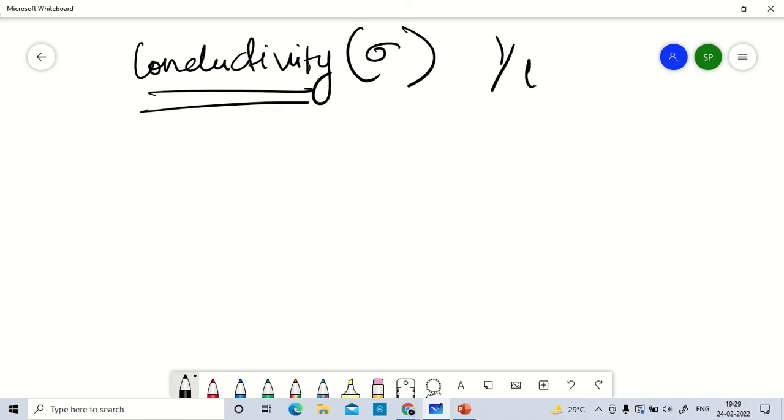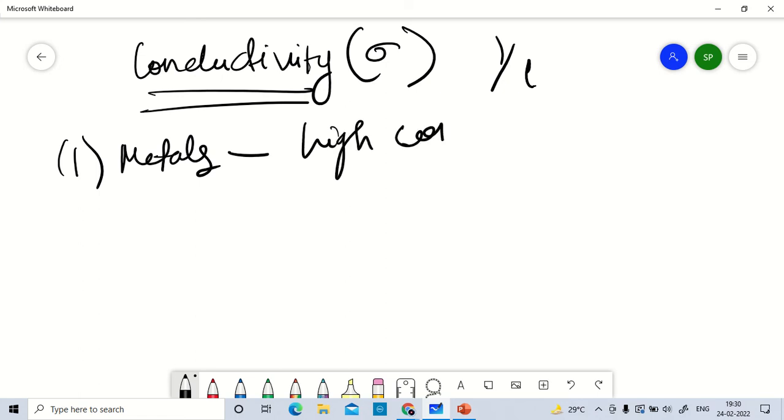Conductivity is 1 by rho, and rho is 1 by sigma. So it is basically resistance and conductance, both are inversely proportional, right? Both mean the opposite. So first come metals. Metals have high conductivity, so of course they have low resistivity.